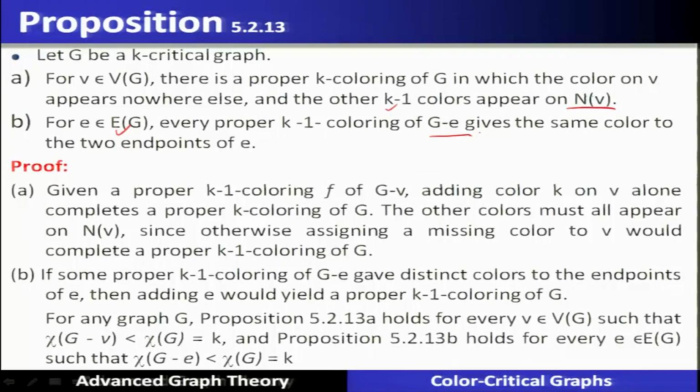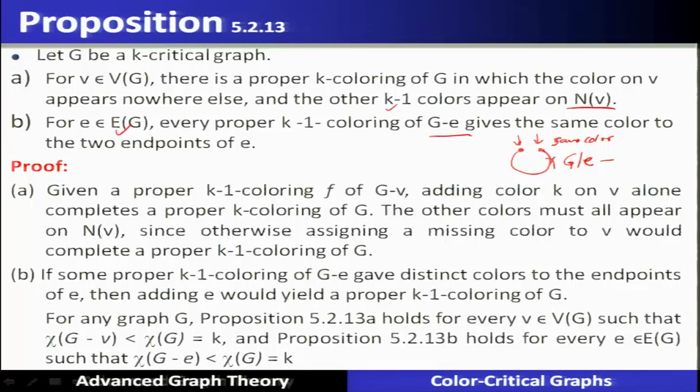Hence the graph G is k-critical, meaning that if we do the k-1 coloring of the graph G minus e, these two vertices receive the same color.